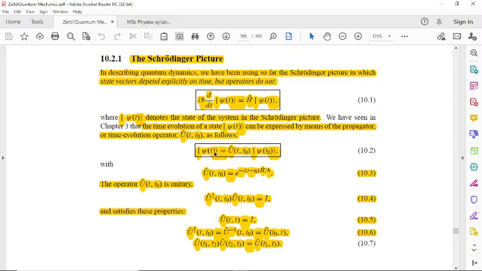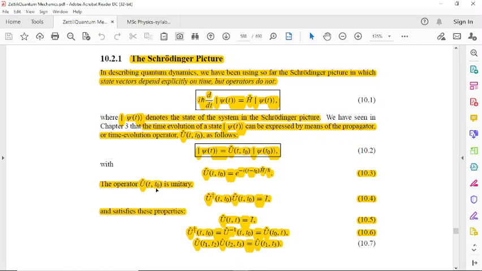This is a transformation equation. We are transforming this state vector into this state vector, or we are finding the state of the system after time t. The propagator can also be expressed as U of t, t0 equal to e power minus i of t minus t0 H by h cross.